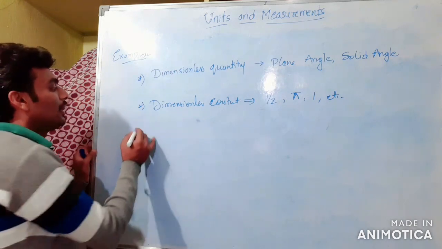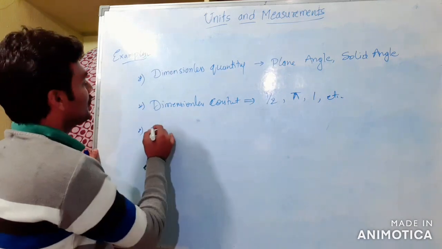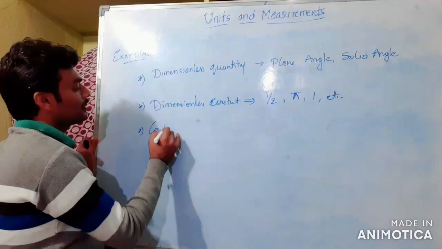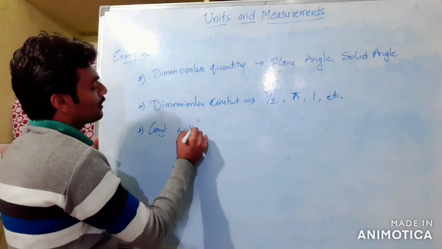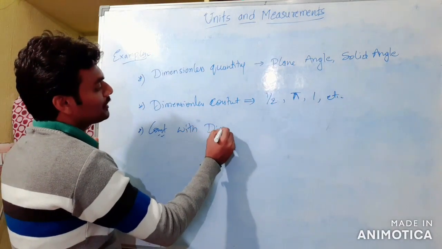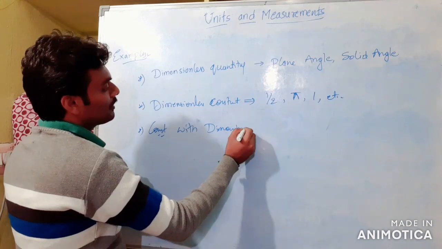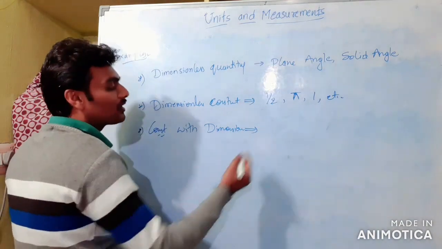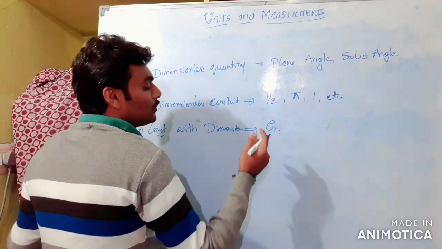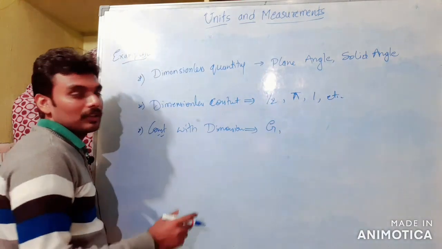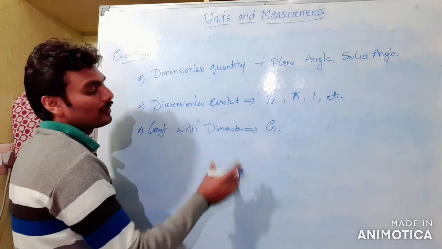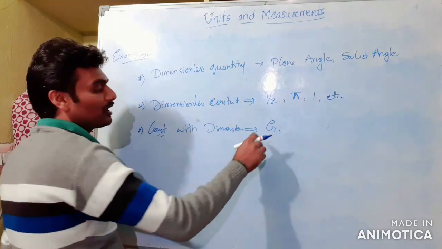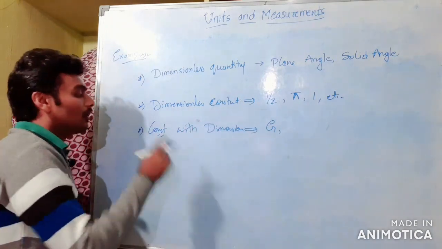And if you are asked to give an example for a constant with dimension, then the example is as follows. I've told you about capital G, the universal gravitational constant. You should write the complete form. Universal gravitational constant, capital G, is an example for a constant.